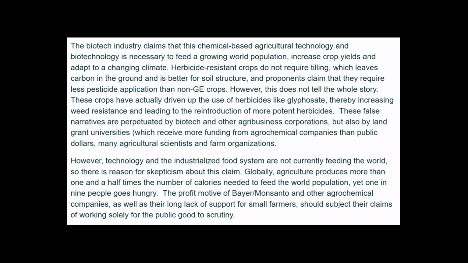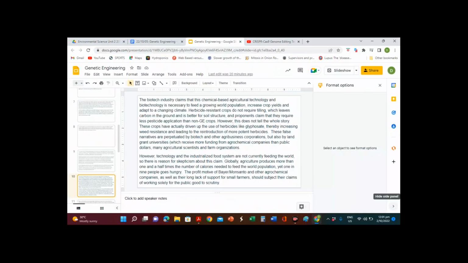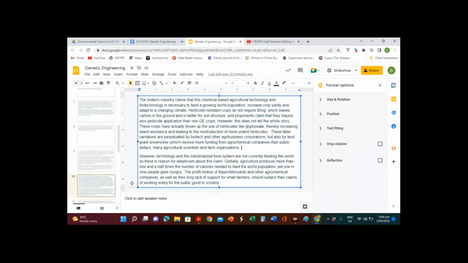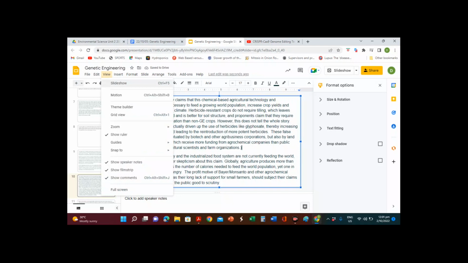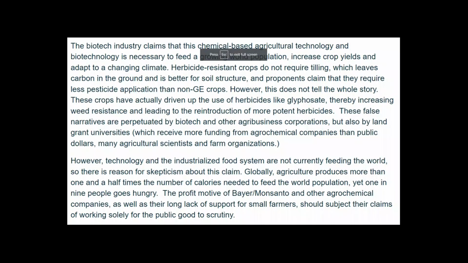So what we're having here is farm organizations which depend on money from chemical companies, and therefore they downplay the harm that they do.